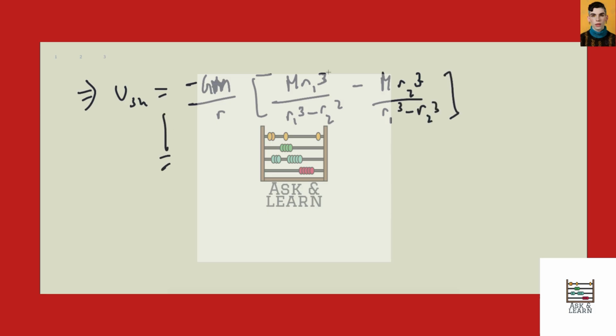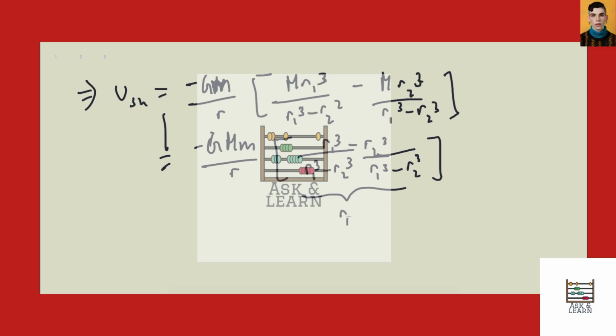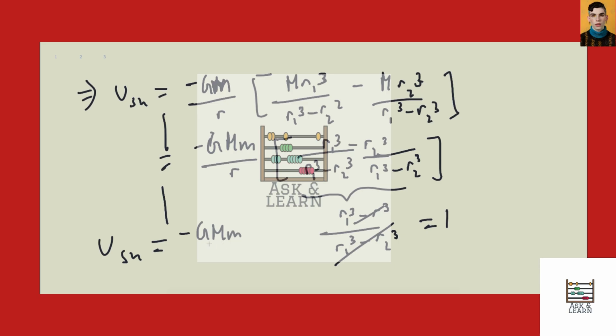Again, we can take big M outside, so we have negative G M m over R times (R1 cubed minus R2 cubed) divided by (R1 cubed minus R2 cubed). This really turns out to be R1 cubed minus R2 cubed over R1 cubed minus R2 cubed, which is just 1. Therefore, we have that U of shell equals negative G M times small m over R. And we are done.